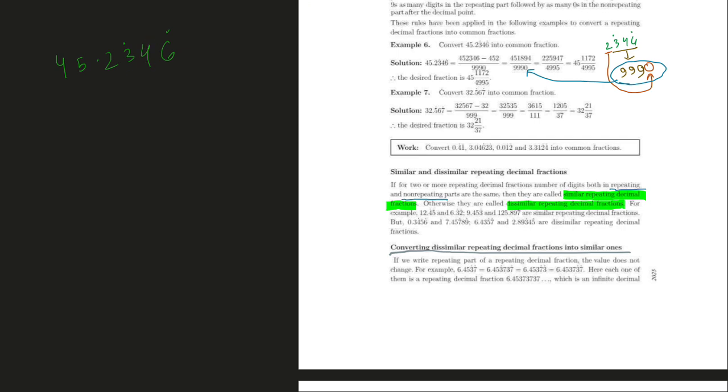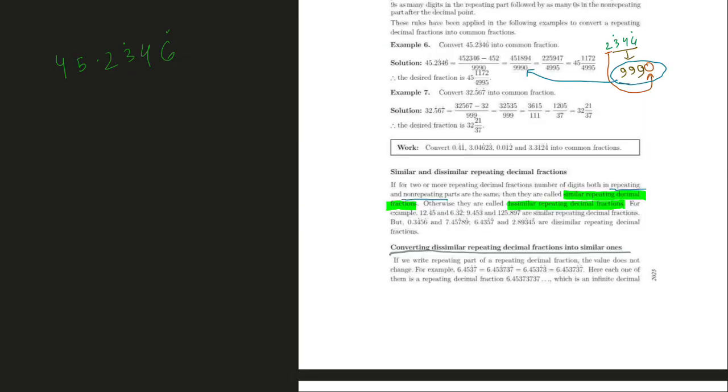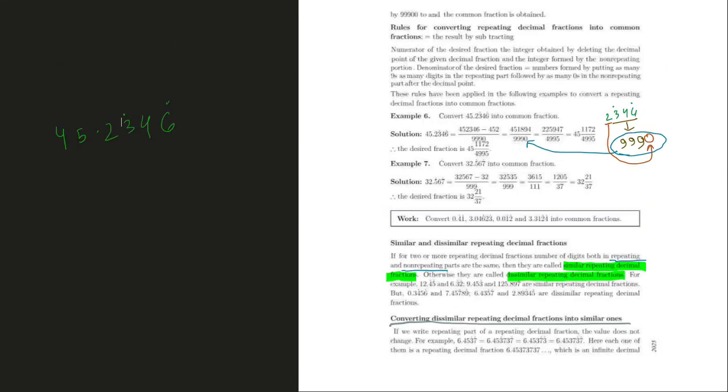Here what they say is actually the rule for converting a repeating decimal fraction into a common fraction. In the previous one, we converted repeating decimal fractions into common fractions. So this is another method, right? Instead of multiplication, they're going to go direct.